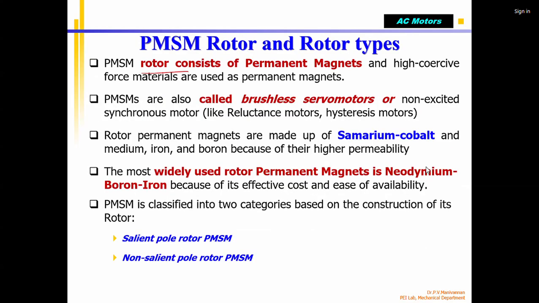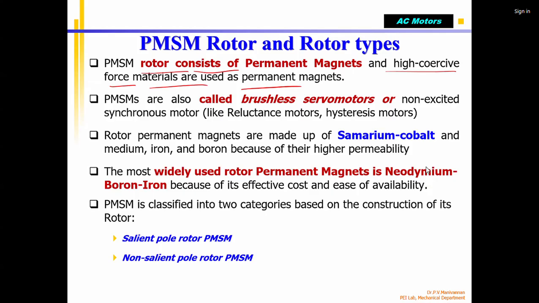Then next comes the rotor. There are 2 types of rotors, which are made of permanent magnet, and the permanent magnet is made of high coercive force material, generally what we call rare earth magnet. Even now you will be hearing about it in the news, the Ukraine war.